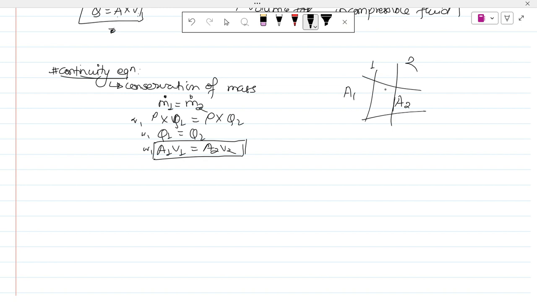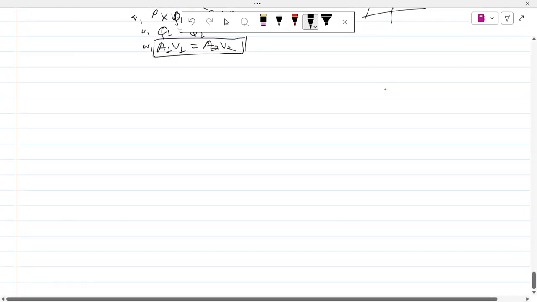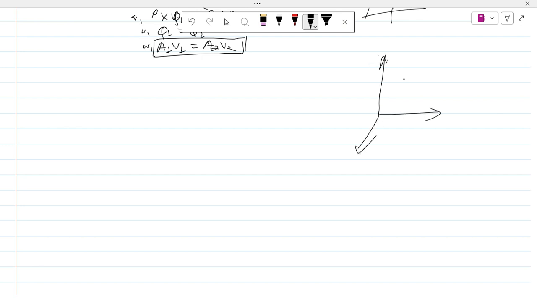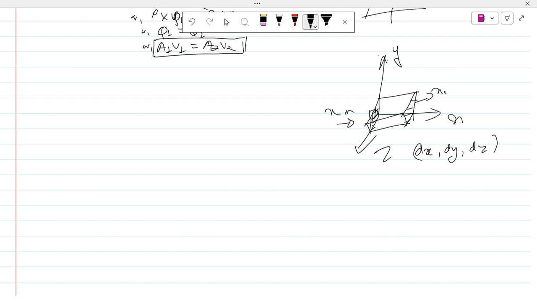But if I want to use a small particle, a differential element, to derive the continuity equation, it looks like this: x, y, z. This is the origin, this is our element, and the dimensions are dx, dy, dz. The sections I've marked are the x inflow and x outflow.